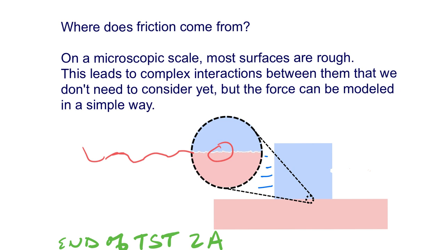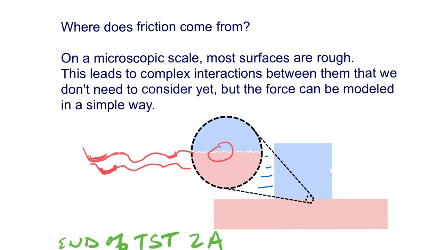And then the other surface, even if it appears smooth, could be jaggedy too. Now, these bumps can fit into these valleys, or they can be resting on top of the valley.